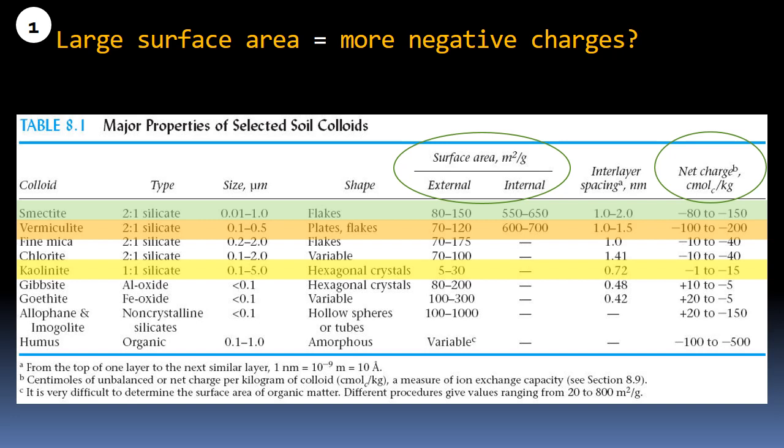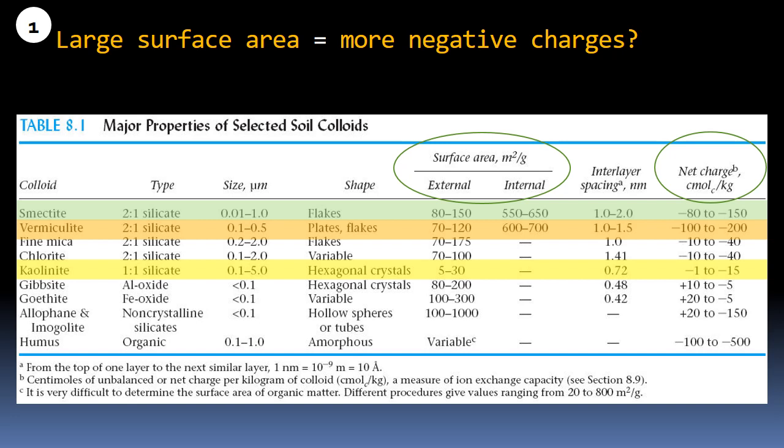But this is not always true, because if you look, for example, at fine mica and chlorite, you would find that for fine mica the total surface area is about 175, whereas for chlorite it is 100, but their net negative charges are almost the same.